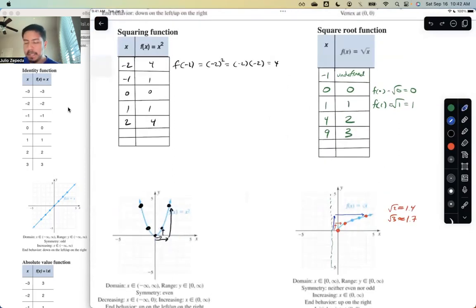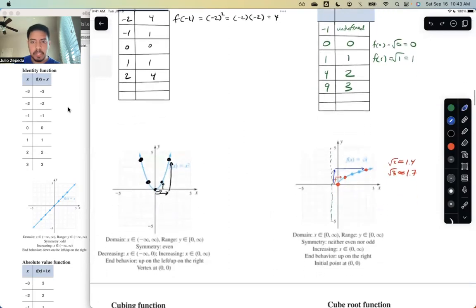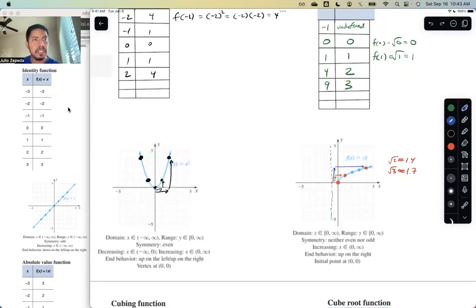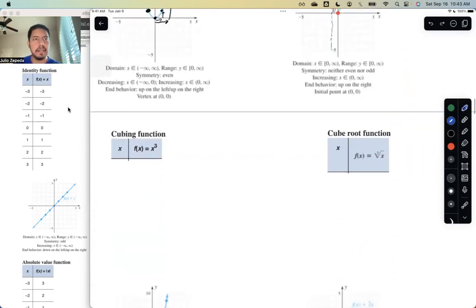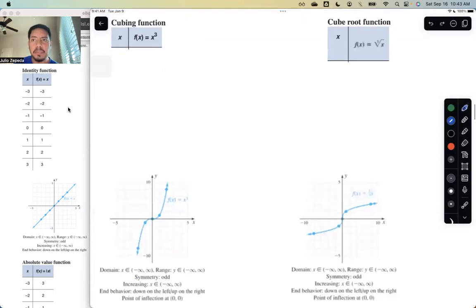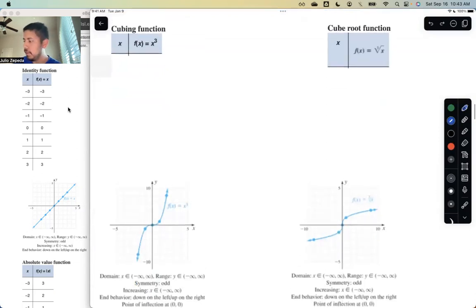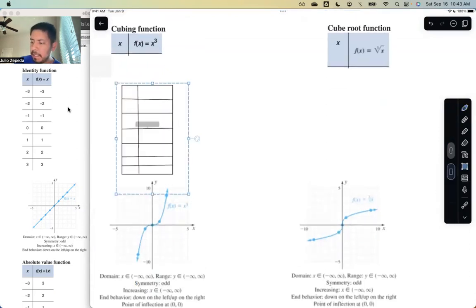Okay, so there we go. You can read about the domain and range. We talked about that in a previous video, and we talked about that in class already. I won't go over all of that. If you have questions on that stuff, feel free to bring that up. This video, I don't want it to be super long, so we'll move on.